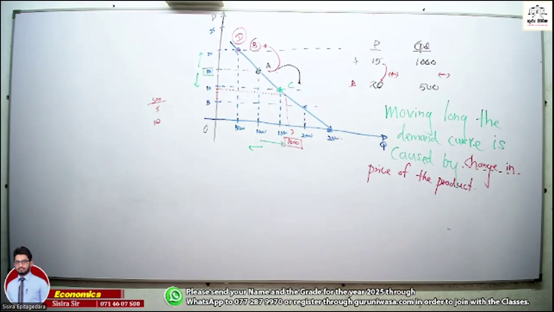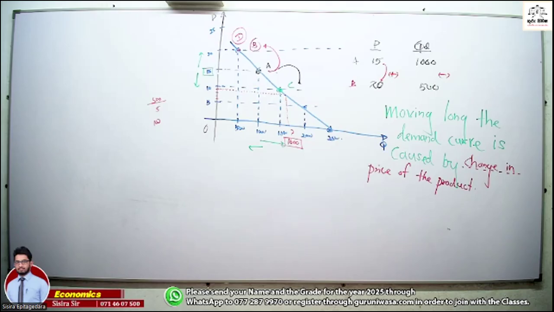I think it's clear for you. If someone asks, hey Dinal, what is the main reason affecting points on the demand curve to move along the line? Change in price of the product. Change in price of the same product. Is that clear? Okay. Now the lesson is done. That's called movements along the demand curve.